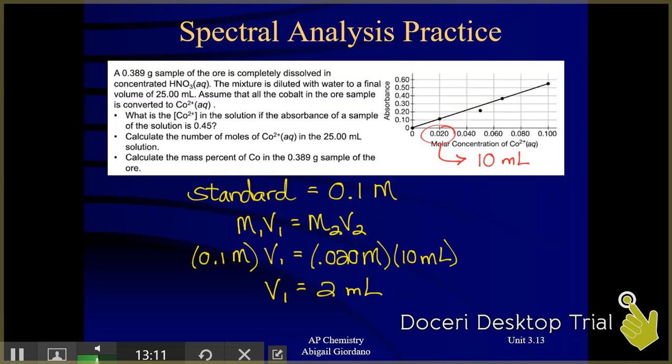And when they mix, I will have the molarity that my instructor told me to make.